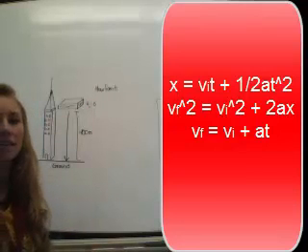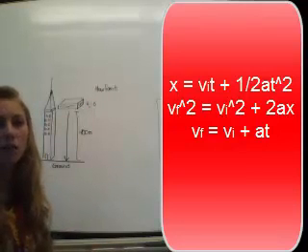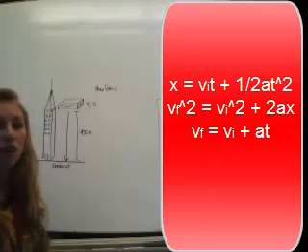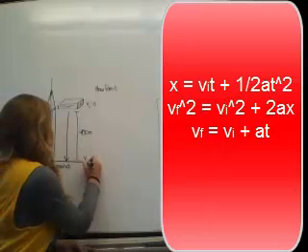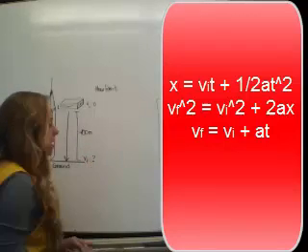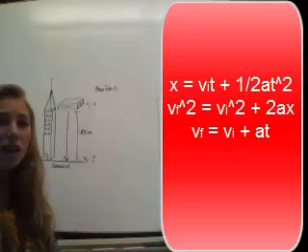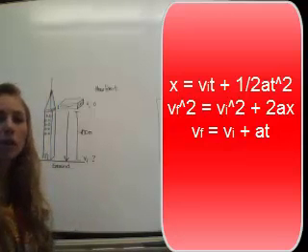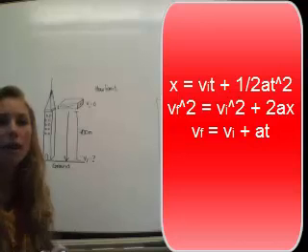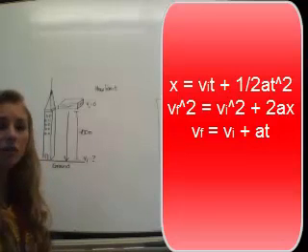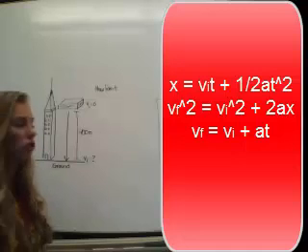And the question at hand is going to be, how fast will the textbook be moving once it strikes the ground? I know that once it hits the ground, it's going to be 0. So what I really mean is, how fast is it moving right before it hits the ground while it's still in free fall? So to solve this problem, we're going to start with our kinematics chart.